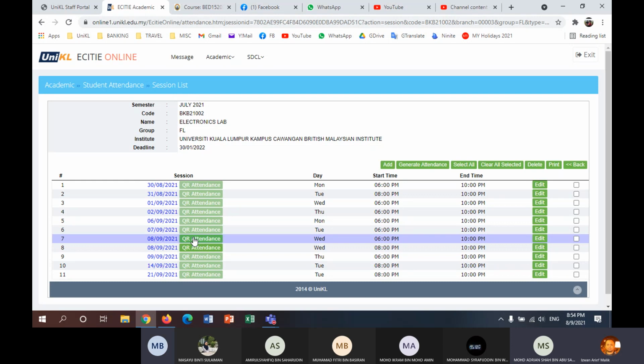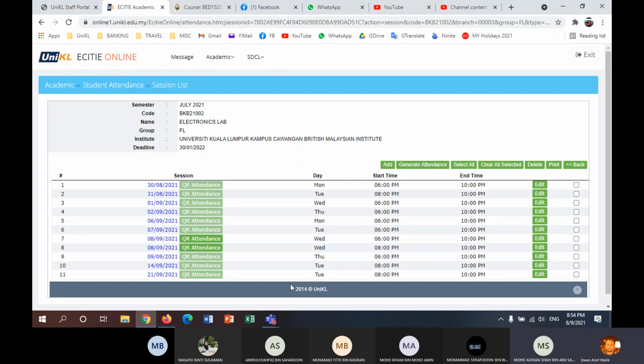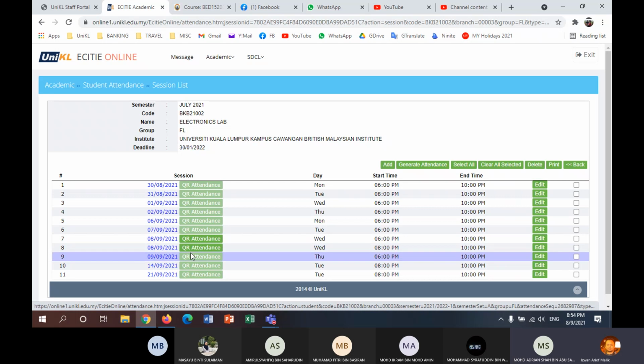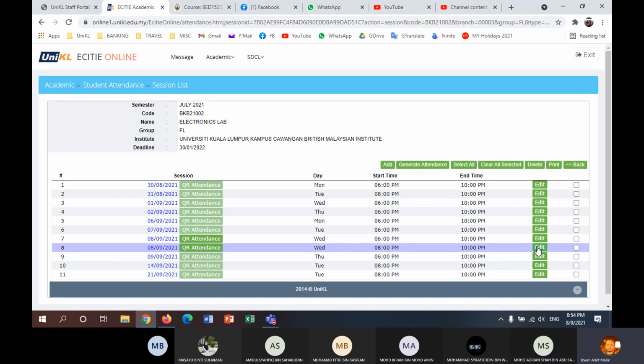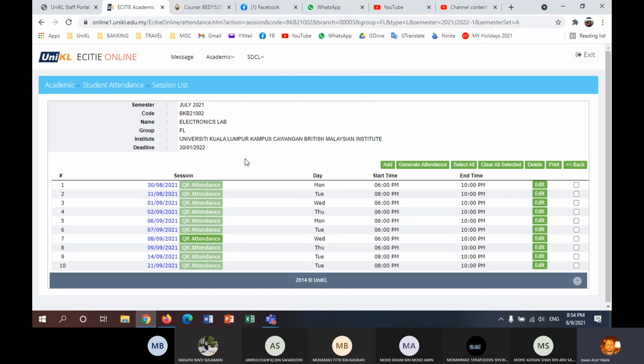So, assessment tu macam mana? Assessment esok malam, saya akan bincang esok malam. Saya ingat nak bagi malam ni, tapi belum dapat lagi yang ada verification. Belum dapat yang ada verification. So saya takut nak bagi yang kosong macam tu je kan.